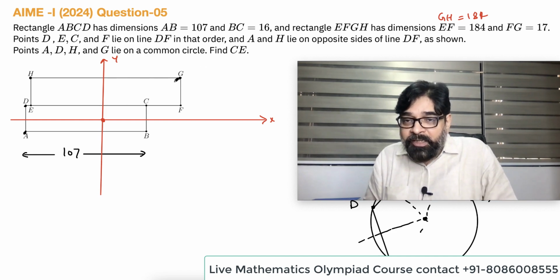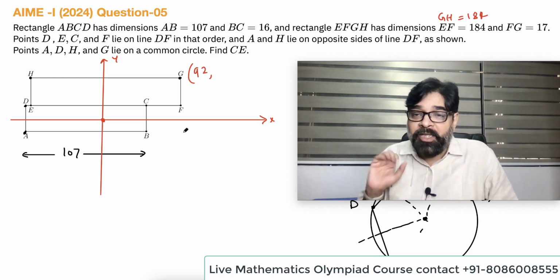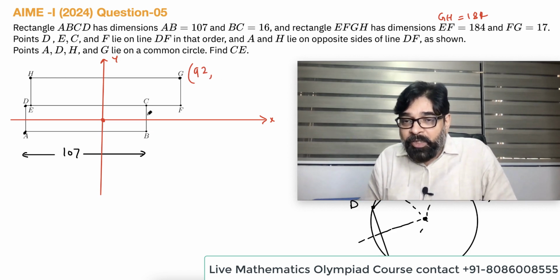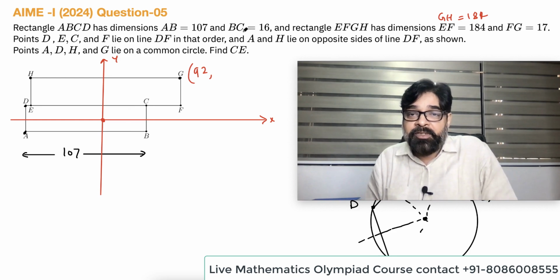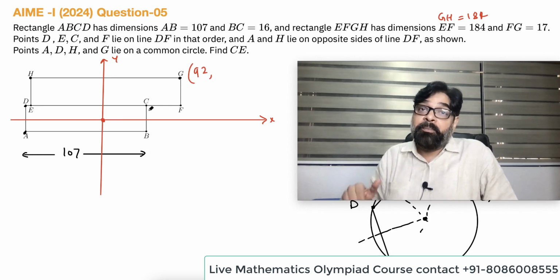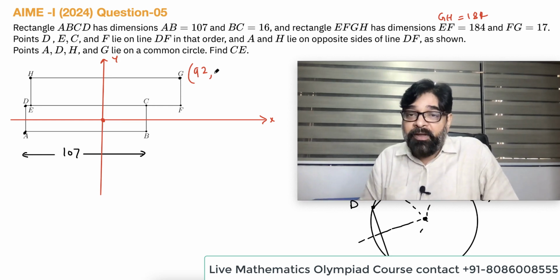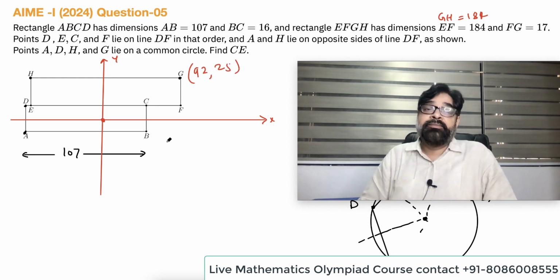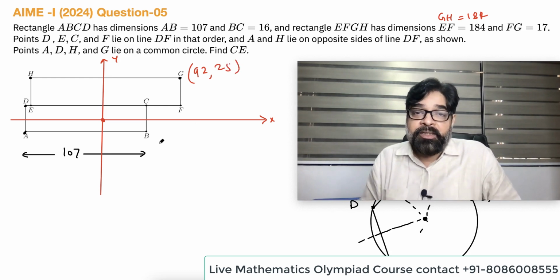So this length is 92. So the x coordinate will be 92, comma, y coordinate how much? Think carefully, everybody. This total length is 16 because BC is 16. So this will be 8 and this length is 17. 17 plus 8, 25. This is 25. G coordinate I got it.